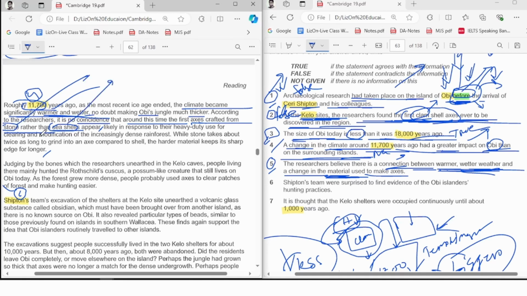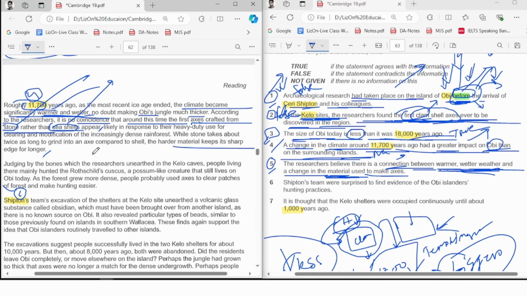Likely the response to heavy-duty use for clearing and modification of the increasingly dense forest, because when the weather became warmer and wetter, the forest became more dense and you needed to clear it out. While stone takes about twice as long to grind into an axe compared to shell, the harder material keeps it sharp.